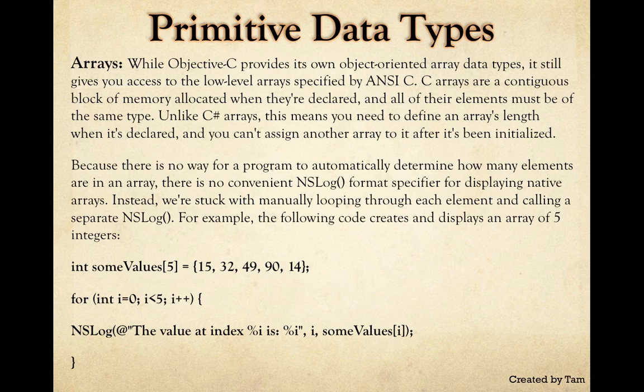NSLog(@"The value at index %i is %i", i, someValues[i]); So it will print out for each i value, from 0 to 4, as i is limited to less than 5, the value of the array. For example, the value at index 0 is 15. Then the next one will be the value at index 1 is 32, and so on.